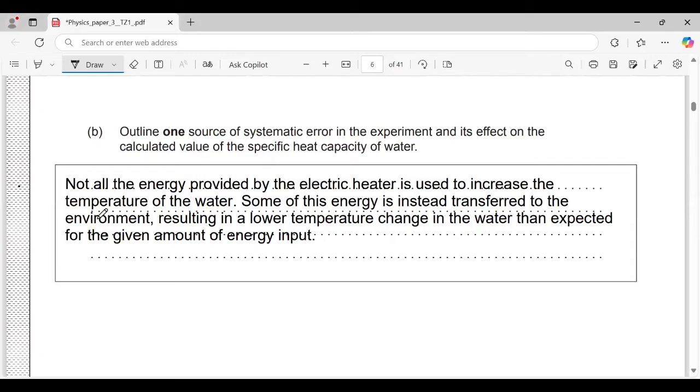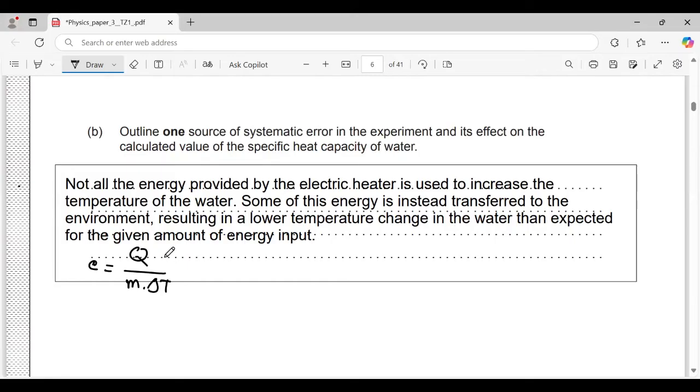Right. So if you pay attention, the formula C equals Q over M delta T assumes that the energy Q is used to heat the water, but there is energy loss to the surroundings or the environment.